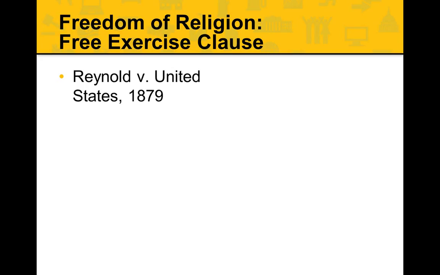The Supreme Court reasoned that Congress was deprived of all legislative power over mere opinion. Remember, they can't tell you what to believe, but Congress was left free to reach actions which were in violation of social duties. And in this case, the social duty was the issue of polygamy.